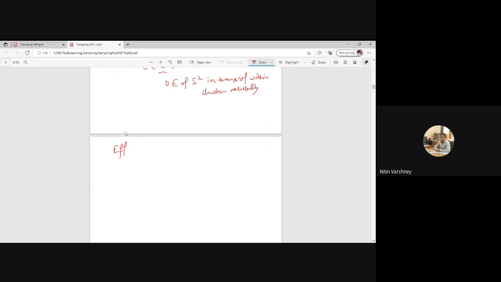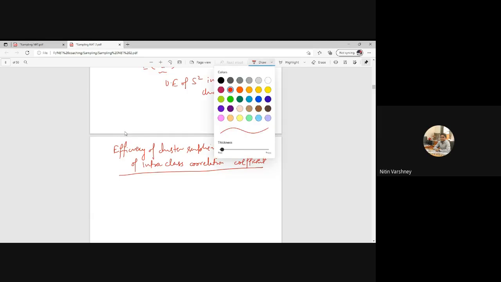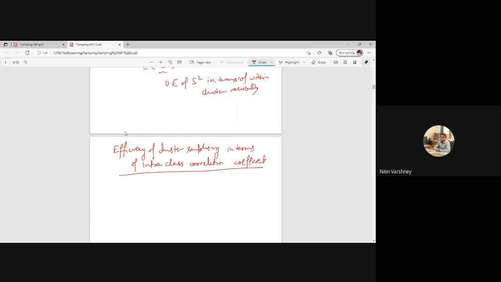Efficiency of cluster sampling in terms of intra-class correlation coefficient.